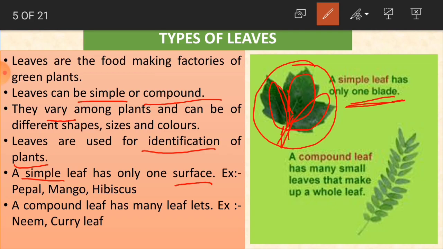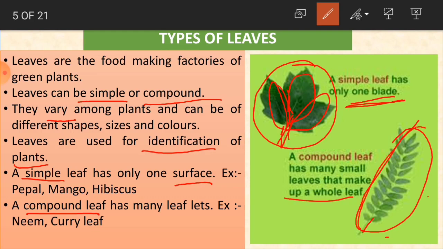A compound leaf has many leaflets. For example, neem and curry leaf. Observe the picture here. For a single blade here, it is having so many leaves. This is a curry leaf actually. A compound leaf has many small leaves that make up a whole leaf.